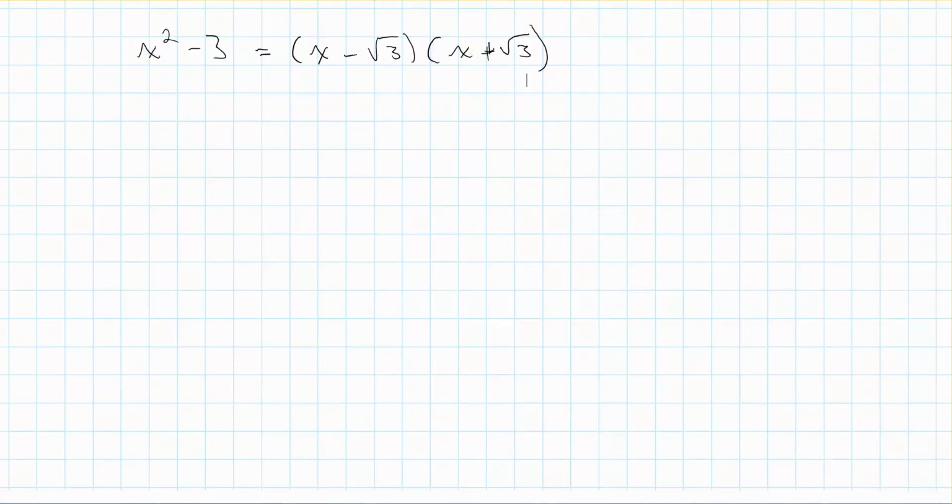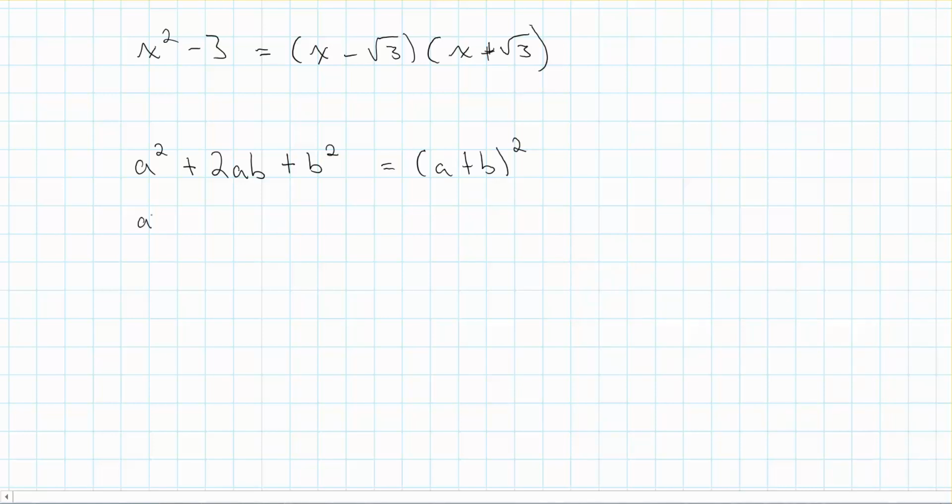Now, the last two special product rules, I'm going to write them both down, and then we'll probably just do one example because they're essentially the same. If you have a squared plus 2ab plus b squared, this factors to a plus b squared.